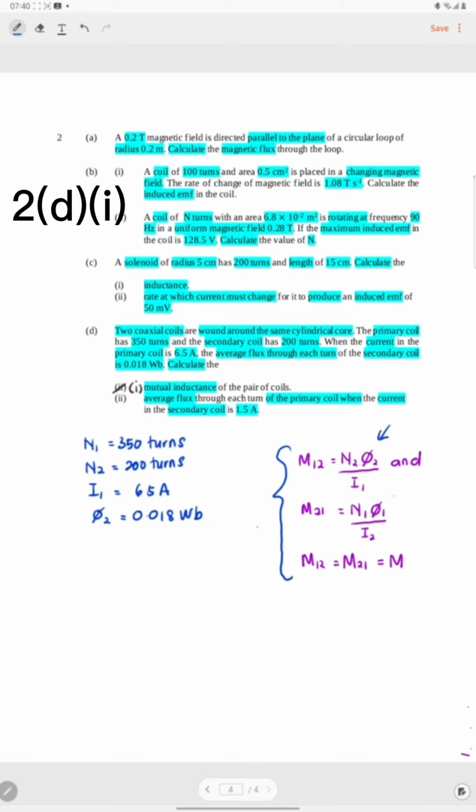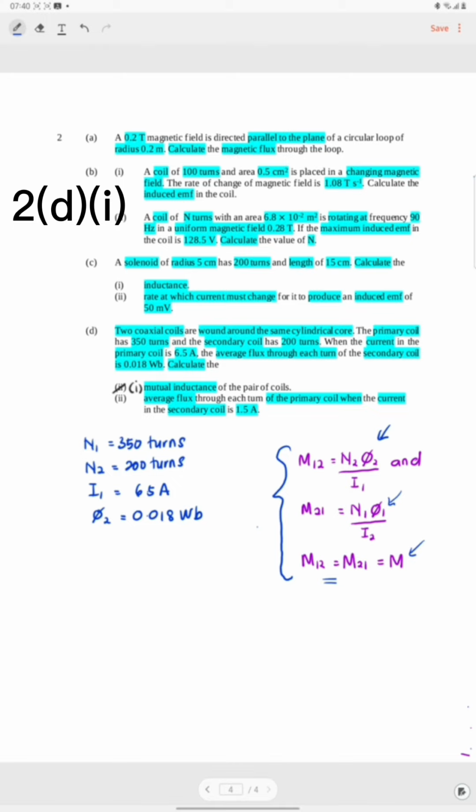M21 is equal to N1 times magnetic flux 1 divided by I2. And mutual inductance M12 equals M21 actually, so I can just represent it with capital M. So the concept here is that changes of current in the first coil will produce changes of magnetic flux, and these changes of magnetic flux will be experienced by the second coil. That's the process of mutual induction.